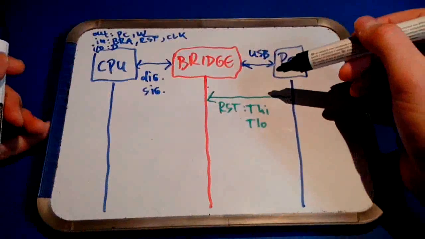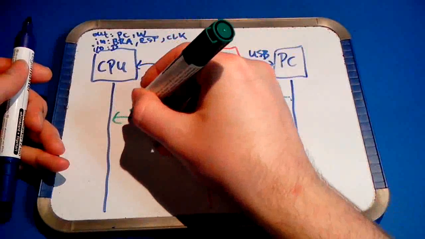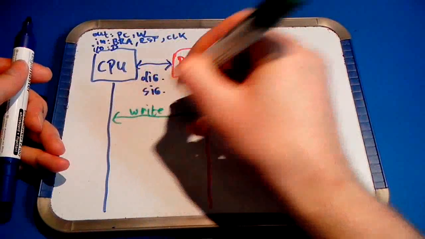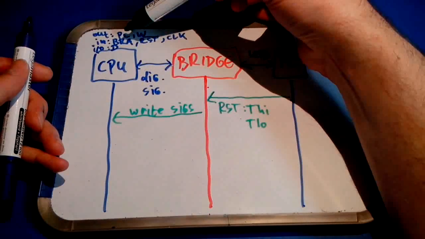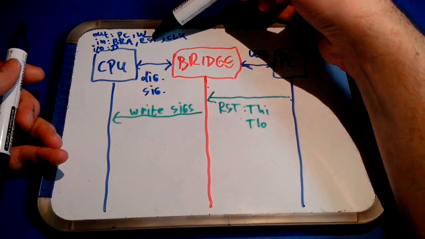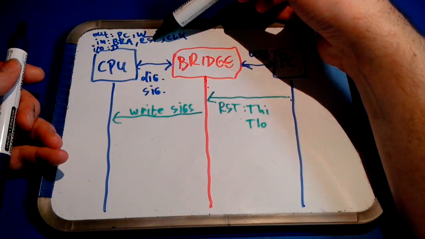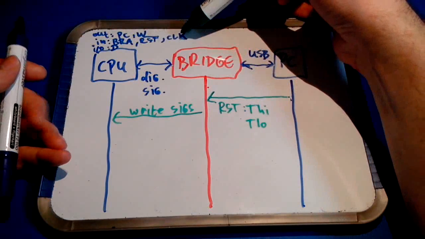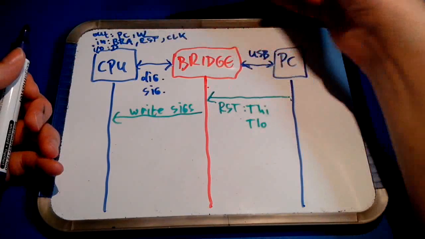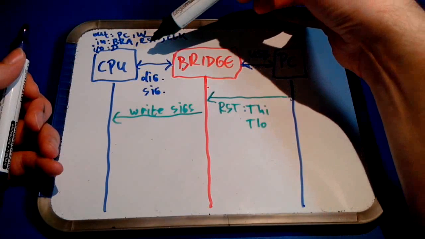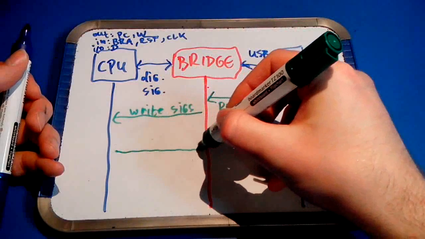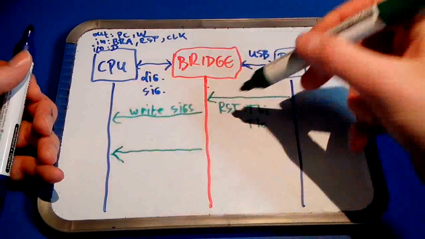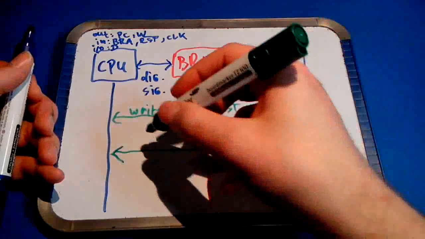In response to that, the bridge will write, or drive, the signals to the CPU. So it will pulse the low active reset input low for a little while, and activate the clock input, and I think that's basically it. After that, I'll draw the arrow from the bridge, because the bridge is initiator of this action.